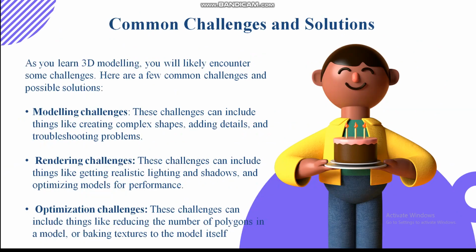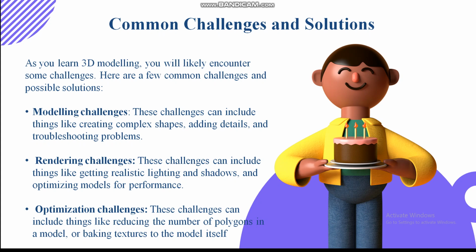Moving on. Common challenges and solutions. As you learn 3D modeling, you will likely encounter some challenges. Here are a few common challenges and possible solutions. Modeling challenges can include things like creating complex shapes, adding details, and troubleshooting problems. Rendering challenges can include things like getting realistic lighting and shadows and optimizing the model for performance.